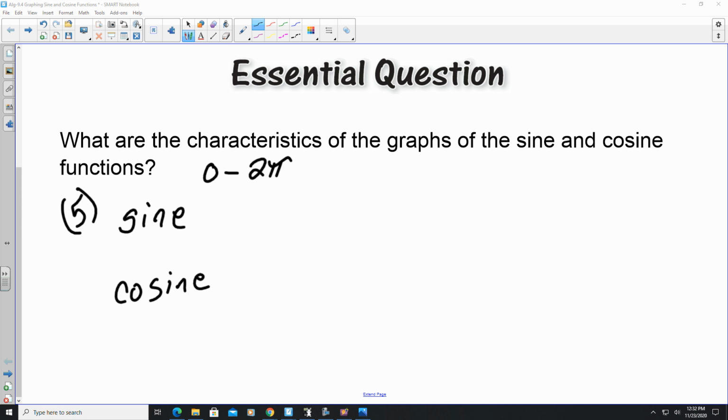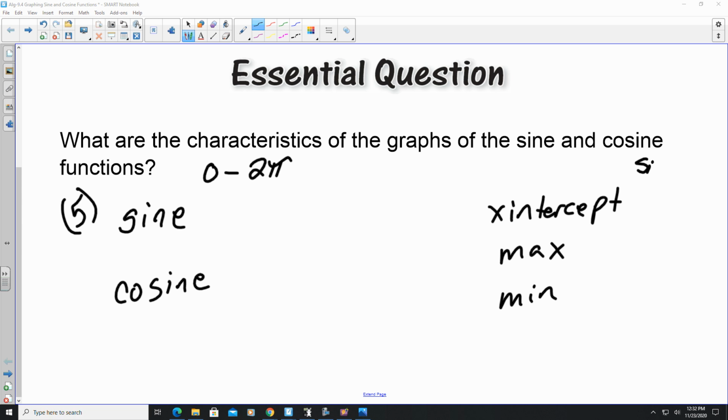In a general sense, with respect to the unit circle, we are going to be looking at x-intercepts, maximum values of these functions, and minimum values, depending on whether it's sine or cosine.